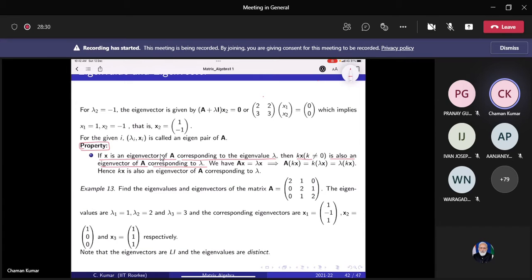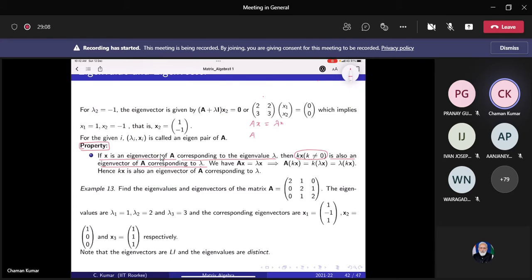Eigenvectors are not unique. Corresponding to an eigenvalue, we can find many eigenvectors. Okay, so this says that x is the eigenvector corresponding to the eigenvalue lambda. So this means that Ax is equal to lambda x. And now we want to show that Kx, where K is a non-zero real number, is also an eigenvector corresponding to lambda. So we can easily show this.